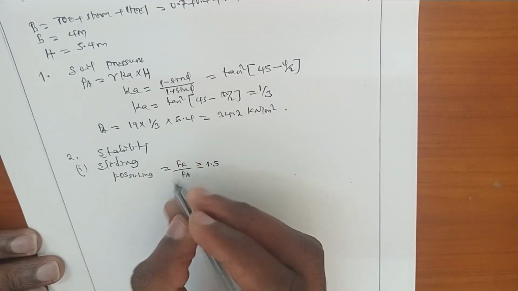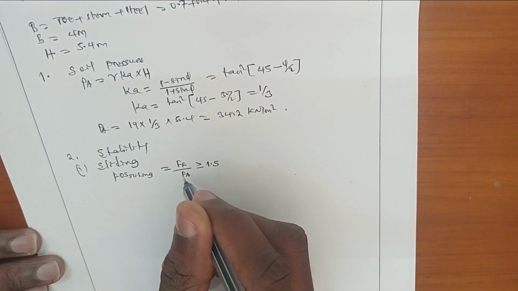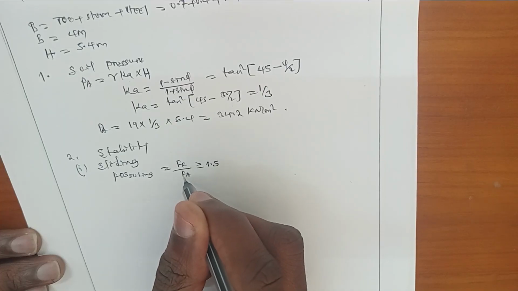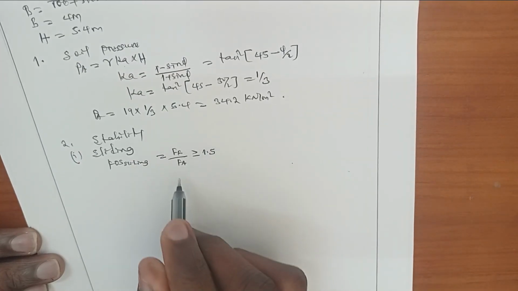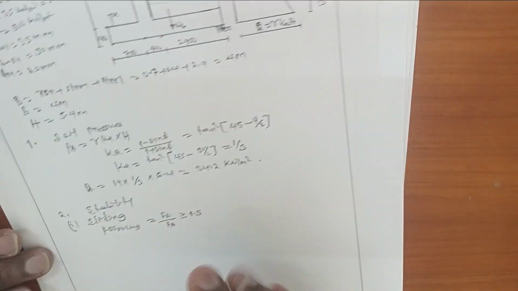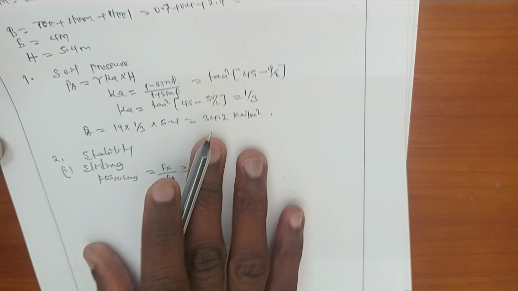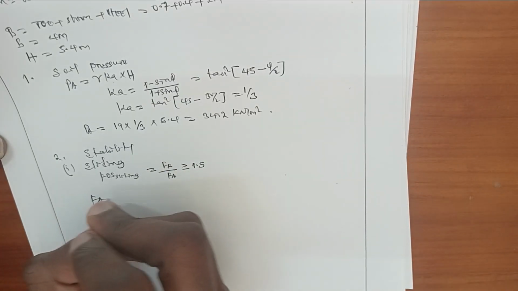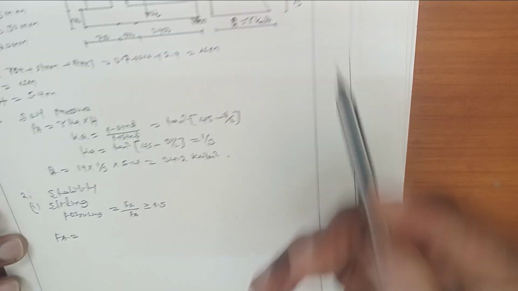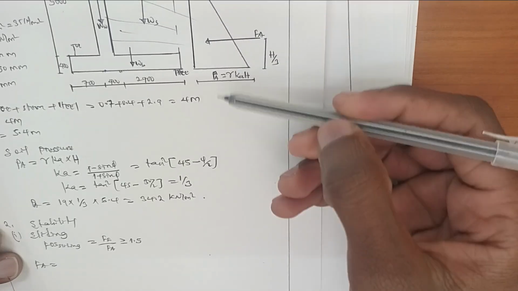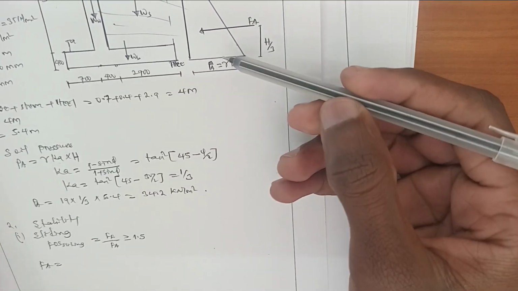Now, how can we get this horizontal force due to the soil pressure? The horizontal force due to soil pressure is determined by taking the area of this soil pressure diagram. This soil pressure diagram is triangular in nature.